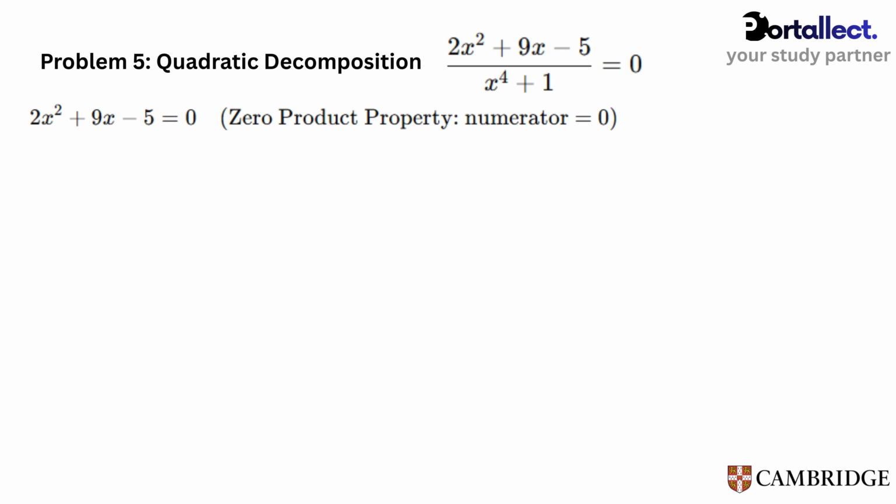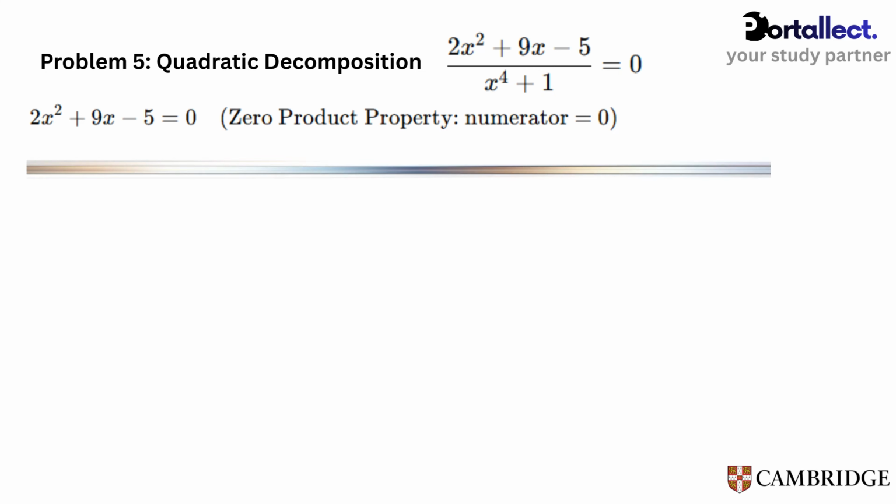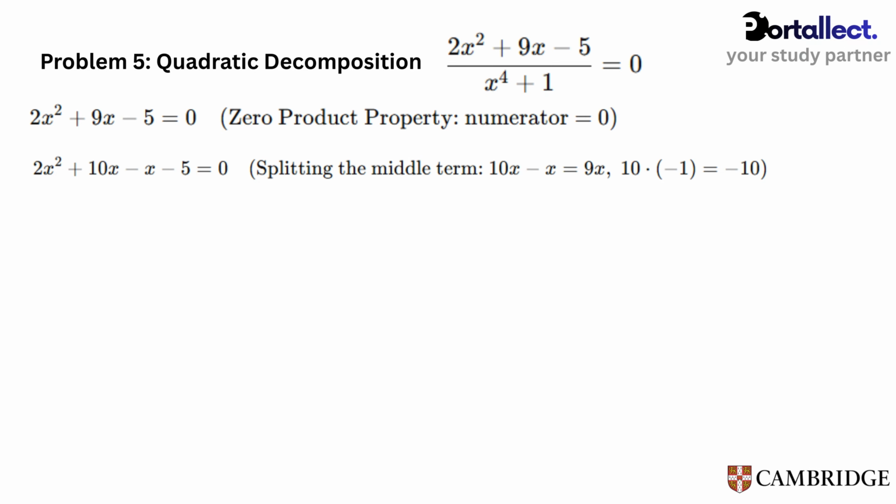So, we focus our energy on 2x squared plus 9x minus 5 equals 0. Using the AC method, we multiply the lead coefficient 2 by the constant -5 to get -10. We need factors of -10 that add up to our middle coefficient 9. Those numbers are +10 and -1.